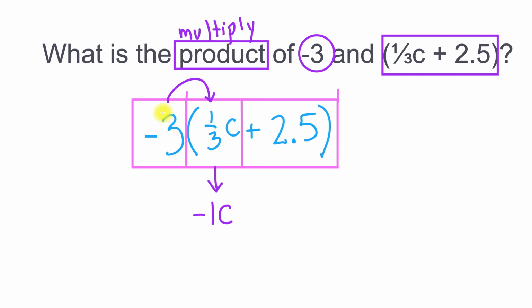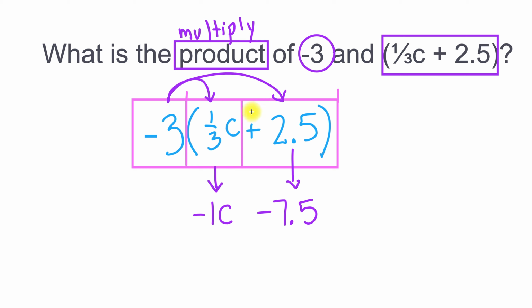And next we'll do -3 times our next term inside parentheses, which is positive 2.5. We'll have -3 times positive 2.5. And when we do that, we get -7.5.